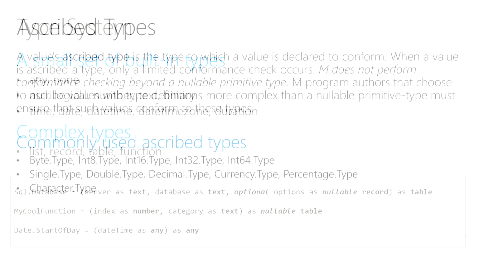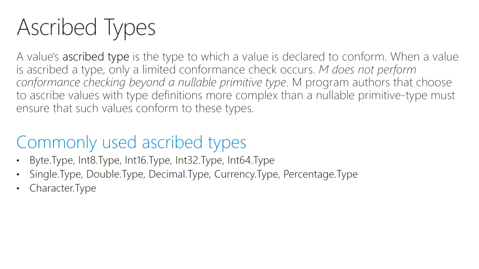So there's also a concept of ascribed types, and I have this blurb of text at the top here from the M language spec. But basically, you could think of an ascribed type as a format, right? Underneath, the M engine only understands primitive types, but you can say this number is actually an int64 type, right? Now, from the M engine's point of view, it still thinks it's a number, it doesn't care.